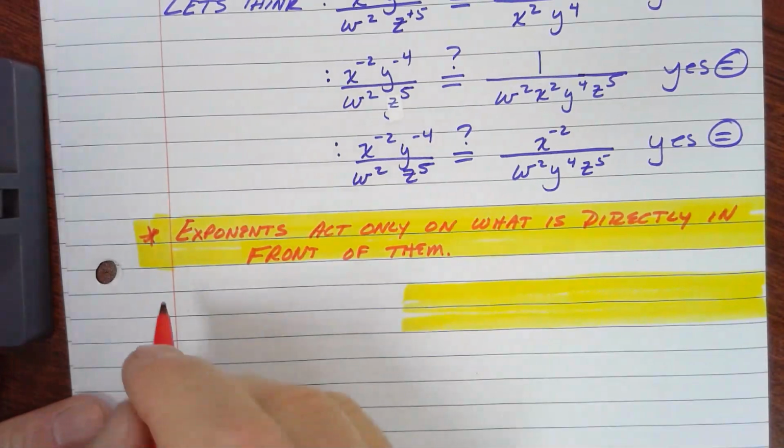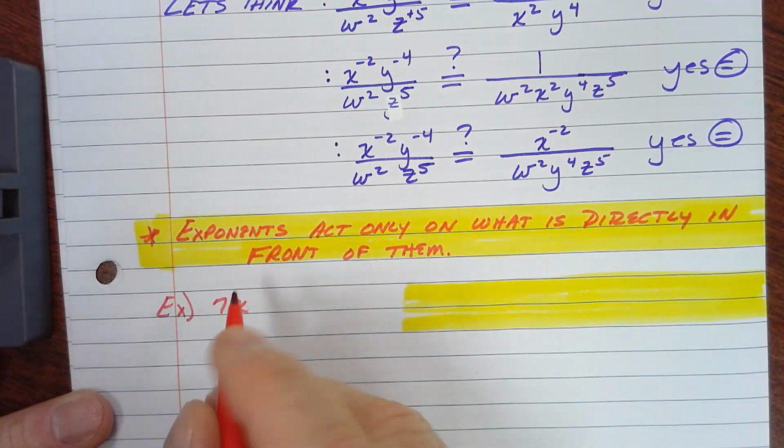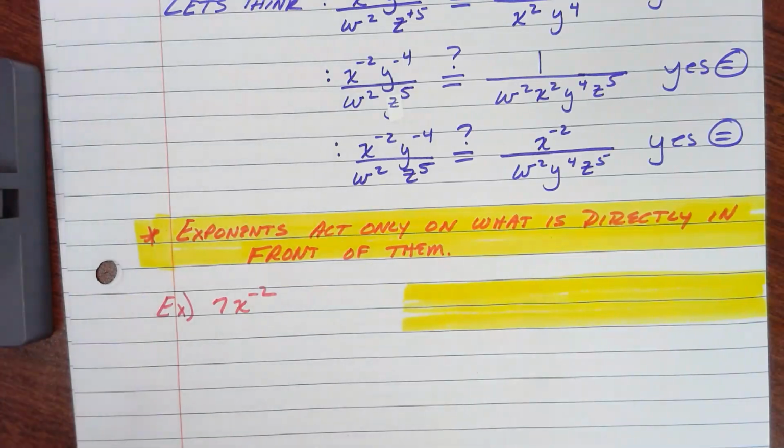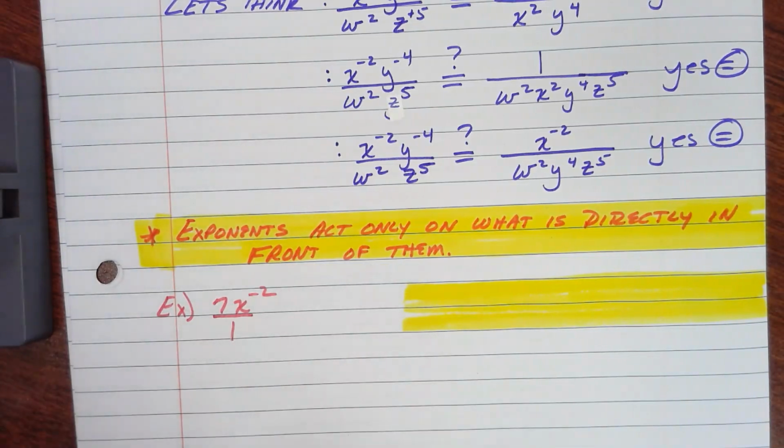I have 7x to the negative 2. And I know 7x to the negative 2 is a number, and putting it over 1, it's still the same thing.